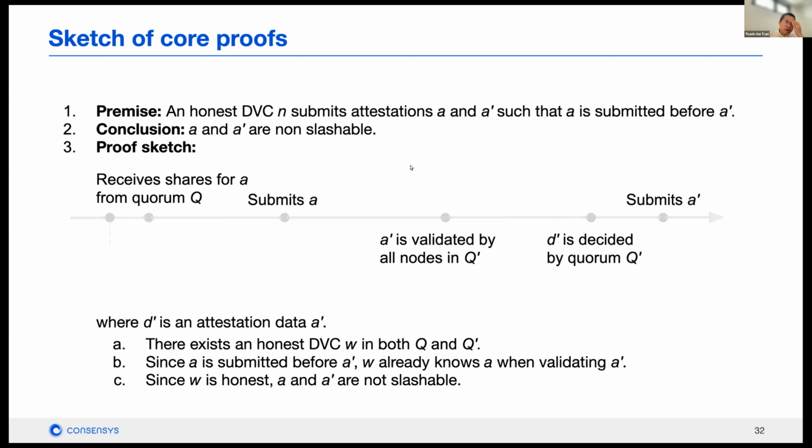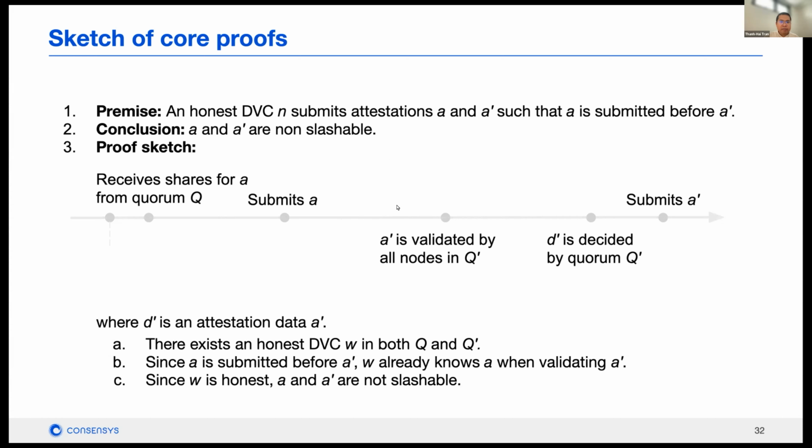And this is the sketch of our core proofs. We assume that an unslashed node DVC N submits two attestations A and A prime, such that A is submitted before A prime, and we want to prove that A and A prime are non-slashable. So how can we do that? Let's look at the timeline diagram.